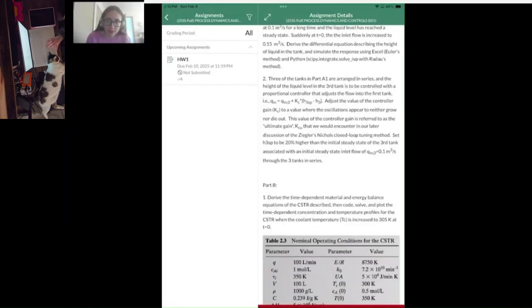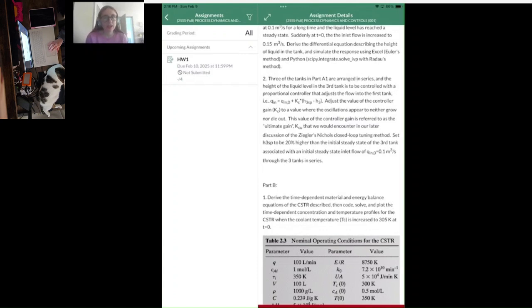And then in the parentheses, we have the height 3 of our set point minus the height 3 of the tank itself. And then we're going to adjust the value of the controller gain, so Kc, to the value where the oscillations in the graph appear to be neither growing nor dying out. This value of the controller gain is referred to as the ultimate gain, Kcu.